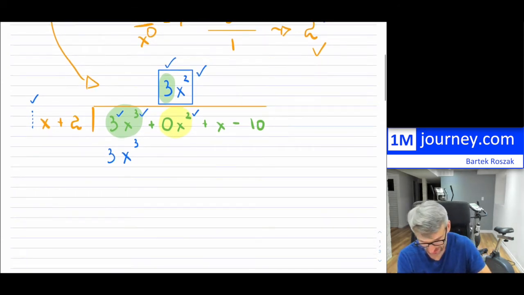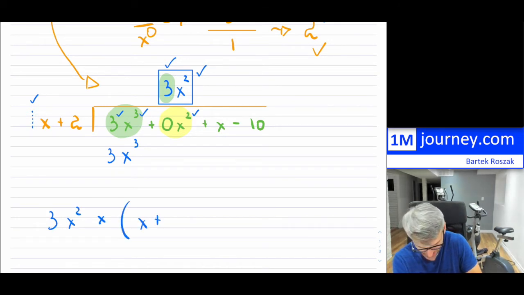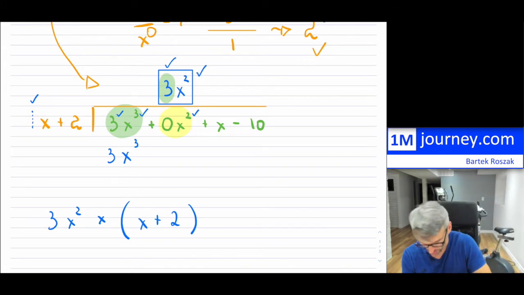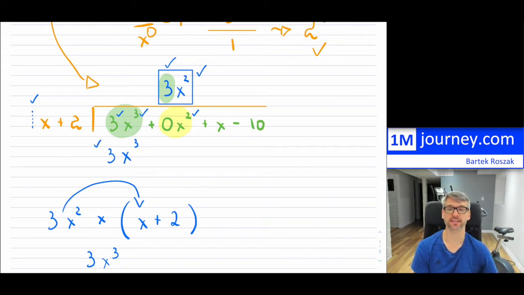So I am literally now taking 3x squared, and I am going to multiply it by x plus 2, just as I did in my long division with numbers. If I multiply this by that, I'm going to get 3x cubed, which is exactly what we wanted because we wanted to get rid of the 3x cubed there.